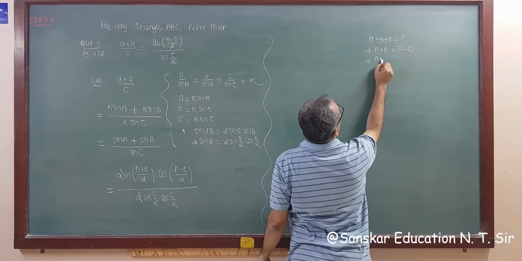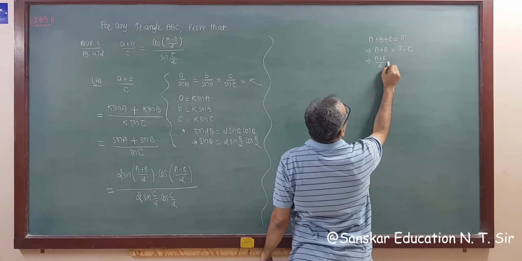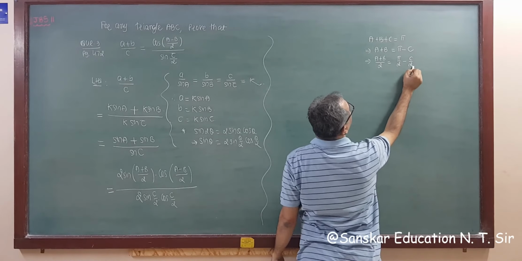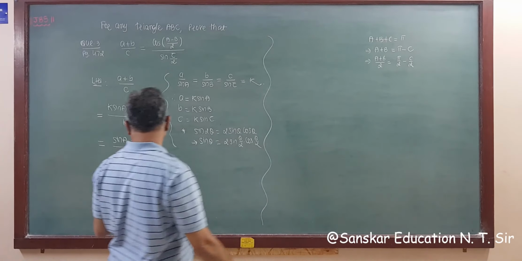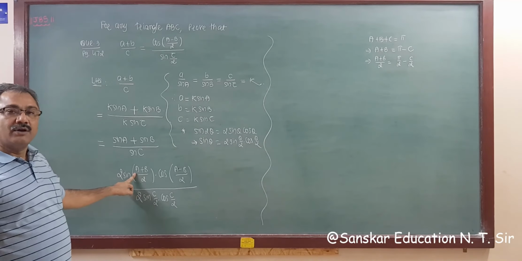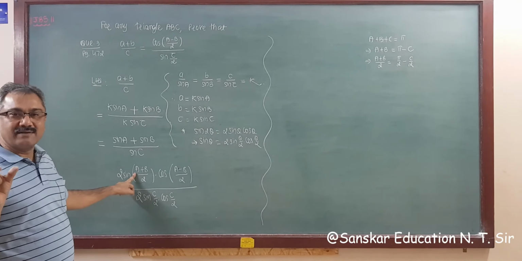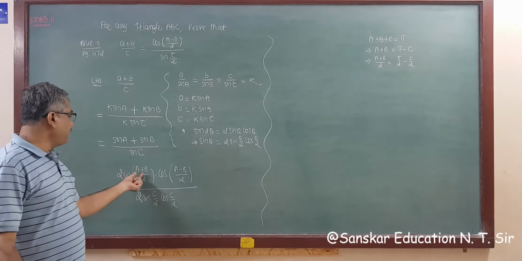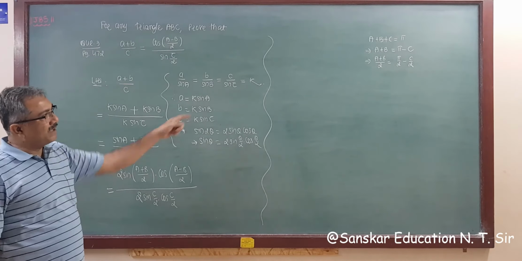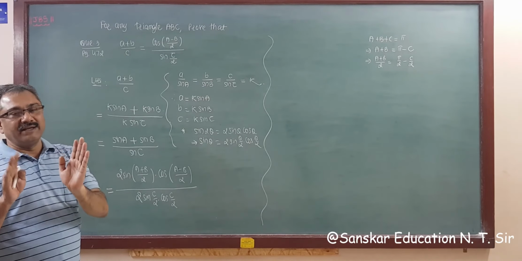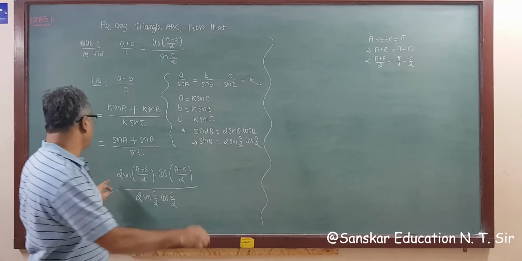So (a plus b) by 2 is equal to pi by 2 minus c by 2. From now onwards in questions, I am going to write directly a plus b as pi minus c. I am not going to show this here, I am just indicating a plus b plus c is equal to pi, right?